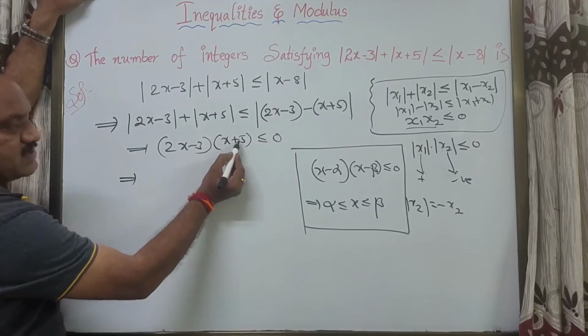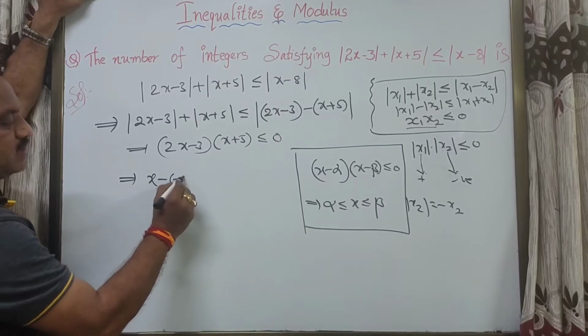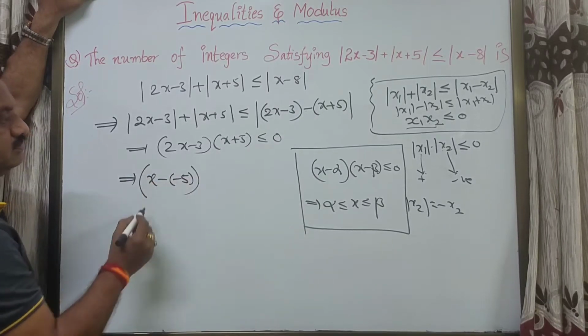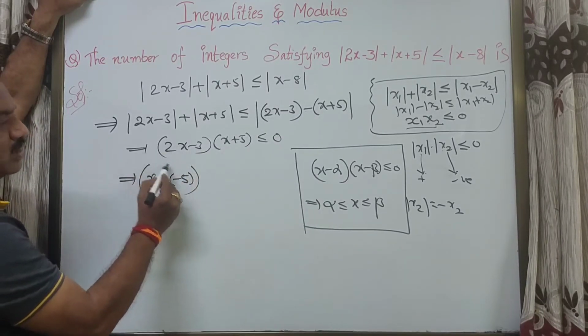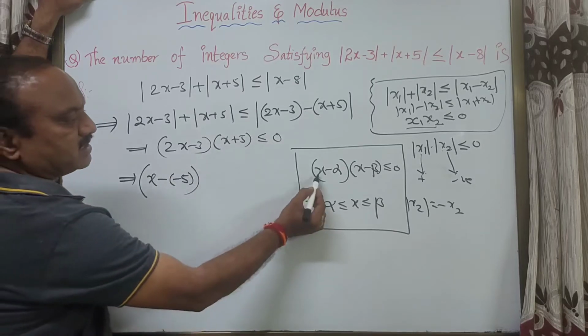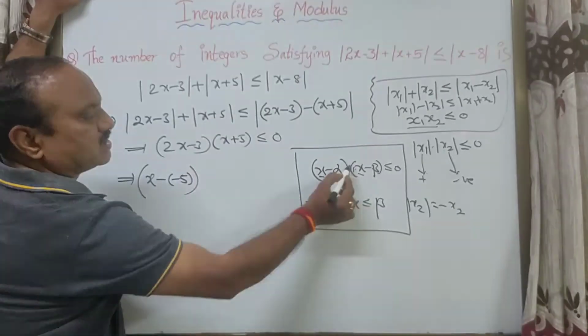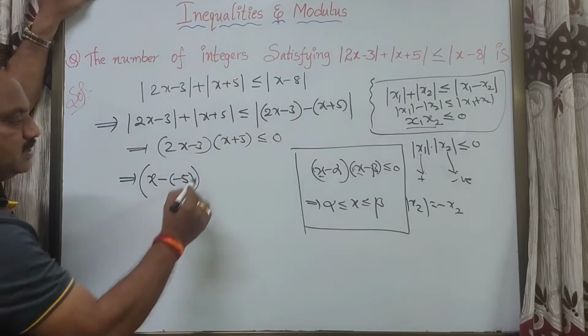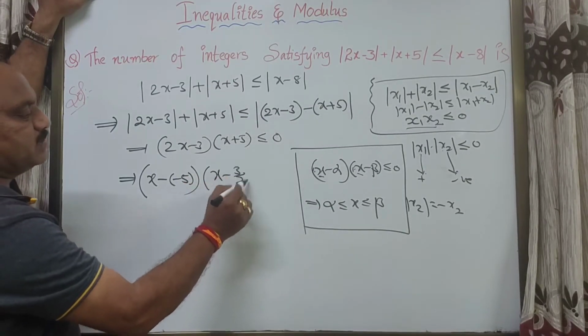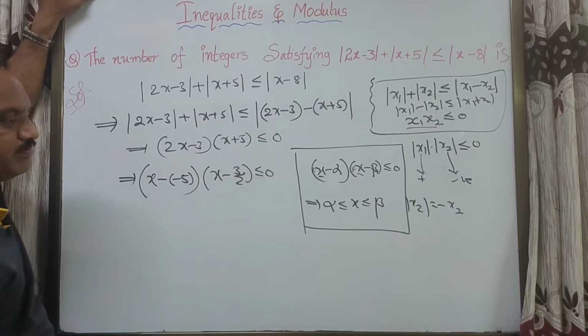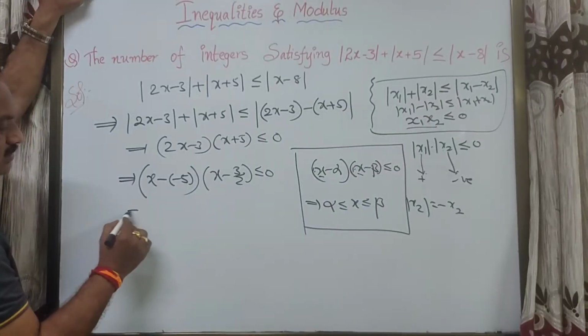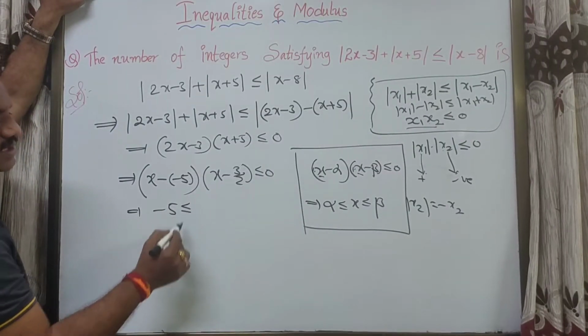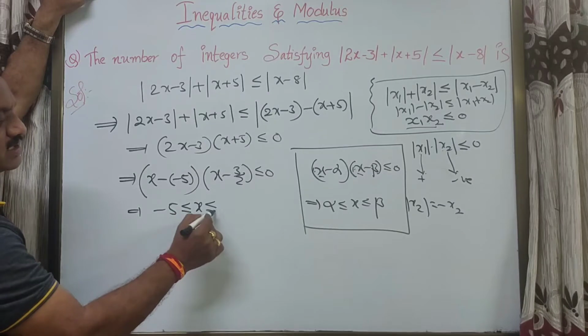Write down x + 5 as x - (-5). Take 2 common and cross multiply because here the x coefficient is 1. It becomes 2(x - 3/2)(x + 5) ≤ 0. According to this formula, it is -5 ≤ x ≤ 3/2.